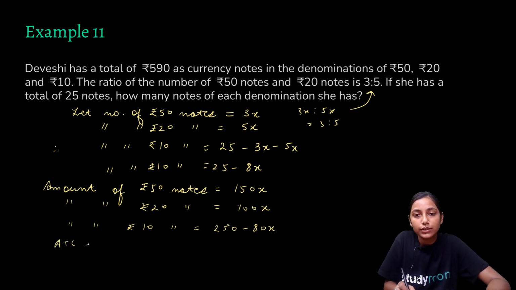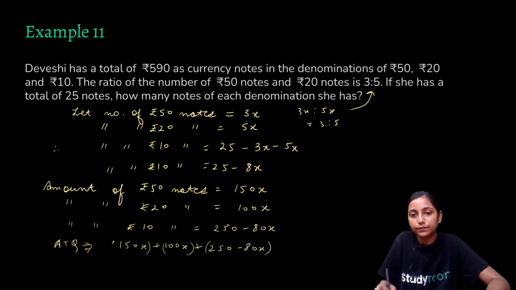According to the question, 150x plus 100x plus 250 minus 80x is going to give us 590. What will it be equal to? 150x plus 100x is 250x, minus 80x.